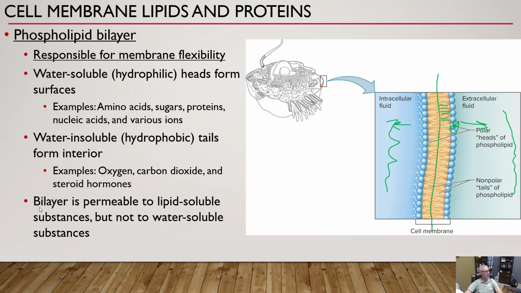So this bilayer is actually permeable to lipid-soluble substances, but not to water-soluble substances, meaning that a lot of lipids can cross this membrane, but water-soluble substances cannot, because this membrane is mostly made up of lipid structures, these fatty acid side chains.